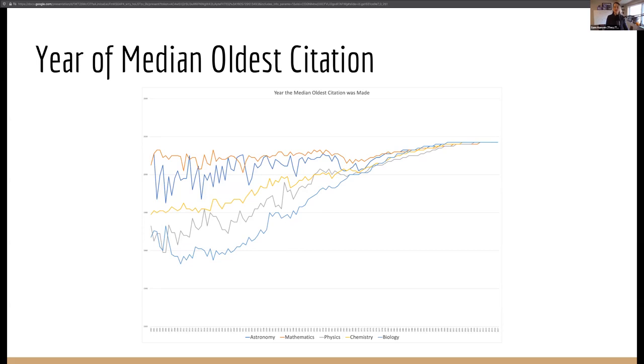The others do not even get close to the year 2000 for their oldest citation median year until 1950s for chemistry and physics and 1960s for biology. That's 50 years until it is where math and astronomy are in 1900. So I find that to be a really interesting way of looking at this data.